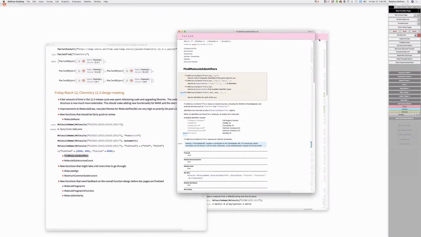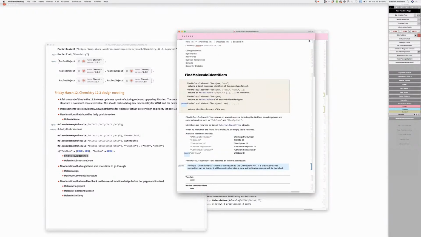But Tony pointed out, and I ended up agreeing with him, that having a molecule property make an internet call, when it wasn't clear to the user that it was going to do so, is not the best practice. And also there would be cases where some of these services would hang and you would be calling for all the properties on a molecule and wonder why it is taking so long. And so it's just more clear if it's a single function.